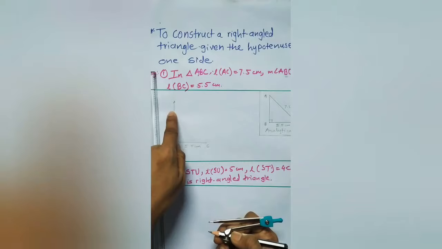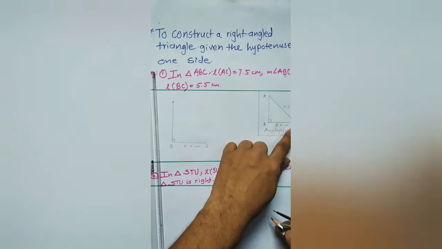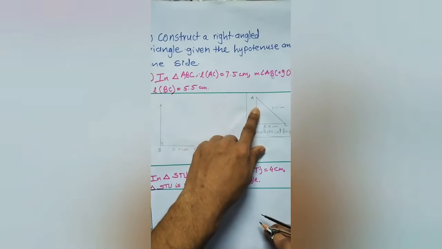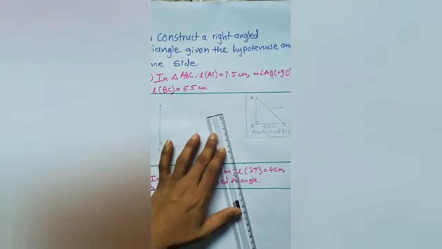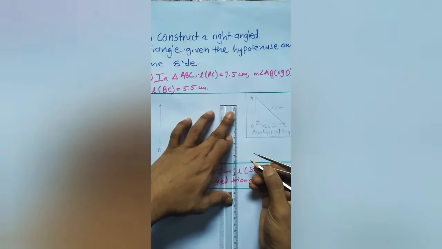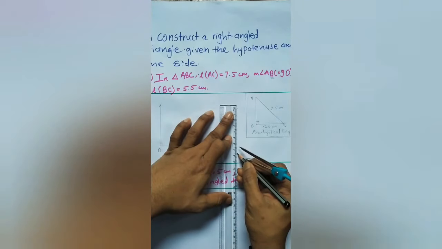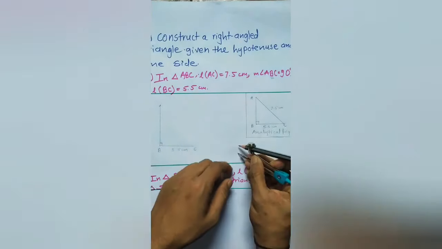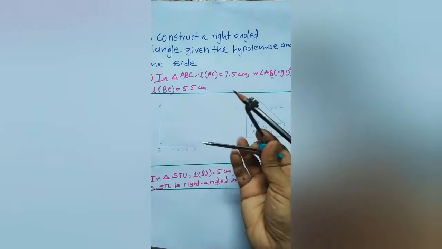Now from C, AC is 7.5 centimeter. That means from C, A is at a distance of 7.5 centimeter. So we should take the 7.5 centimeter distance in the compass. Put the point on 0 and then 7.5, and take the distance between the two ends of the compass.